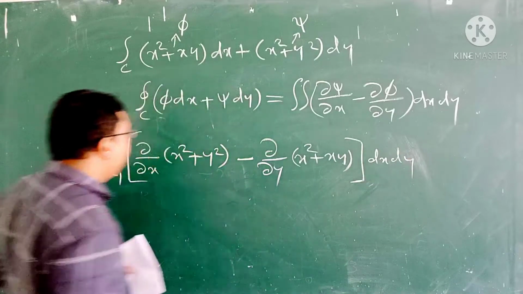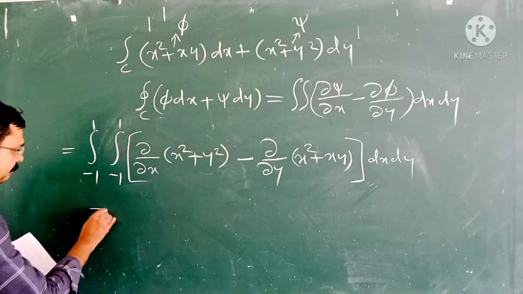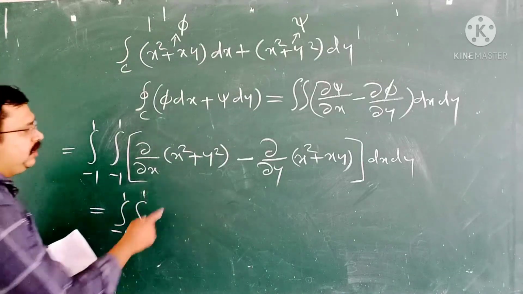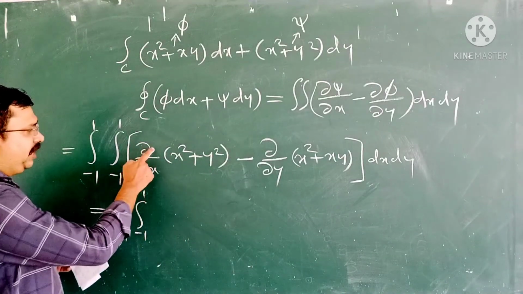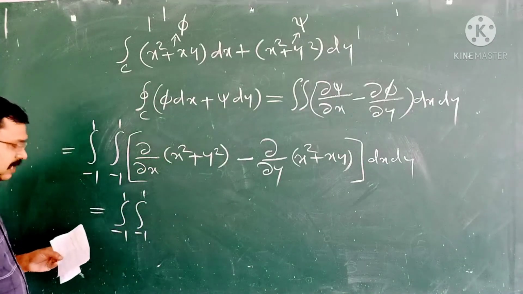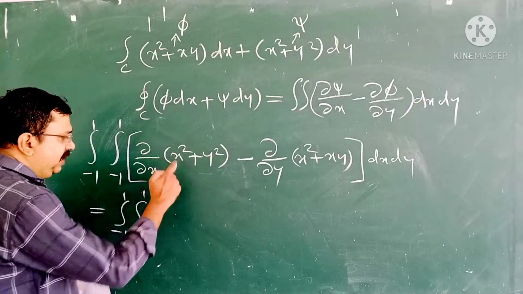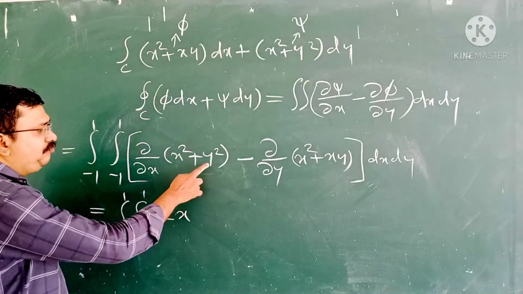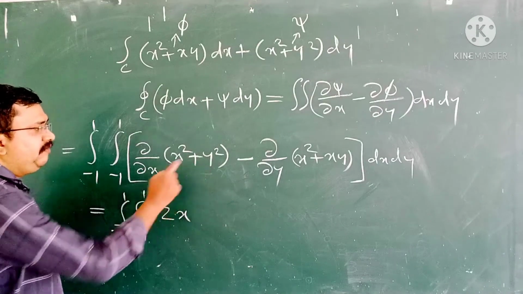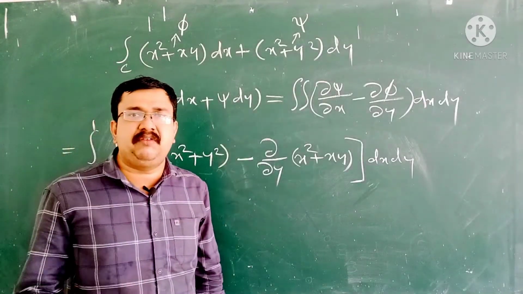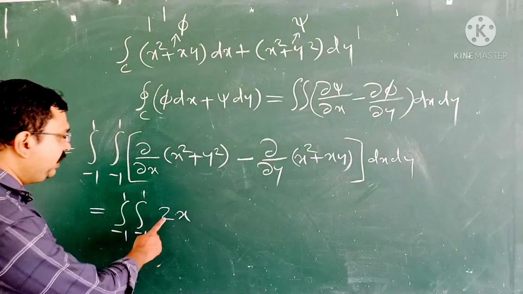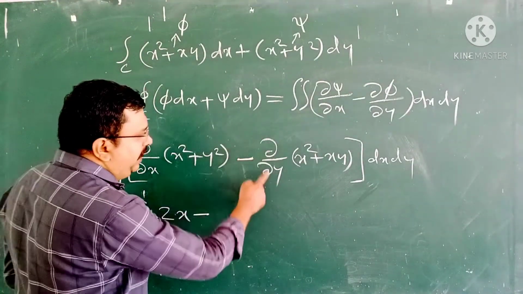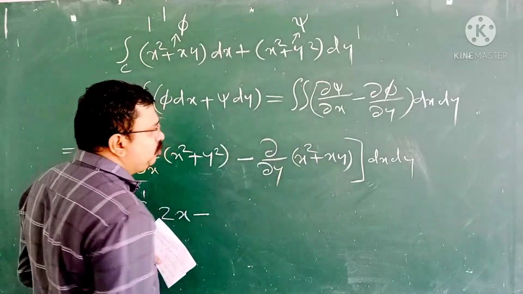That is equal to the integral from minus 1 to 1, minus 1 to 1, of dou by dou x of x square plus y square. We know that the derivative of x square is 2x. Derivative of y square with respect to x: y square is a constant, therefore its derivative becomes 0. Therefore here it is 2x minus dou by dou y of x square plus xy.